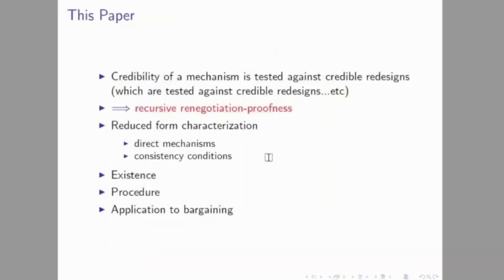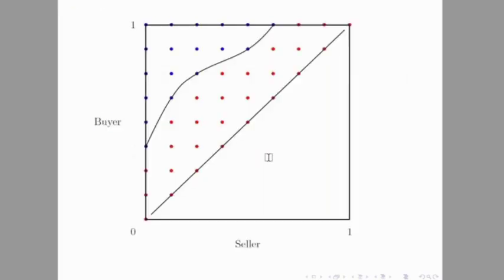So, the question here is, what will happen if we use any mechanism in the bilateral bargaining scenario? In particular, the incentive efficient mechanism identified by Myerson and Satterthwaite that maximizes social surplus. Any such mechanism is subject to renegotiation.